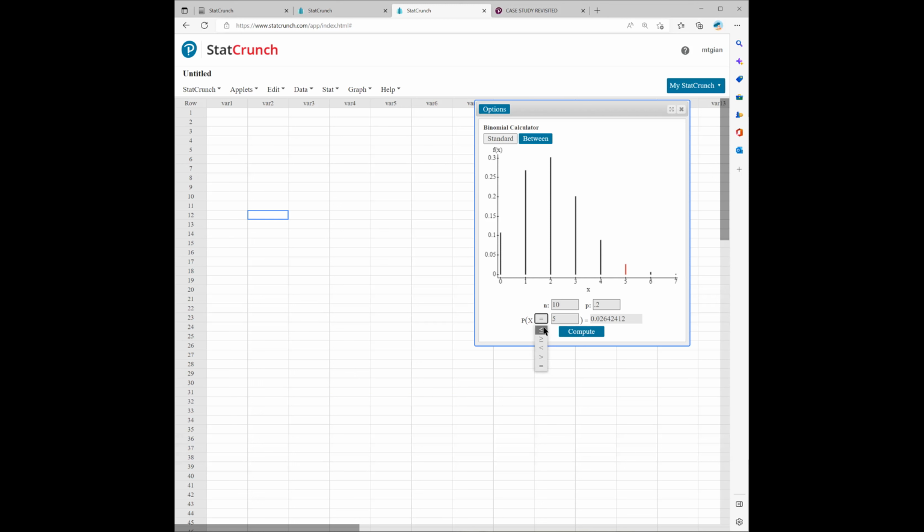All right, so if we say 5 or more, then what does that mean? That means 5 satisfies the inequality. So we would want 5, we would want equal to, and then anything above that. So we're going to want greater than or equal to for 5 or more. And so all you got to do is just change this, and the probability should change. Ooh, and it went all the way up to 3.3.